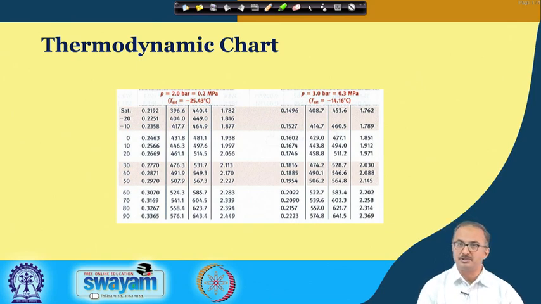That is why in this particular problem we have taken the values of the enthalpies at so many different pressures, and for each pressure you find that the ranges of temperatures are also changing.